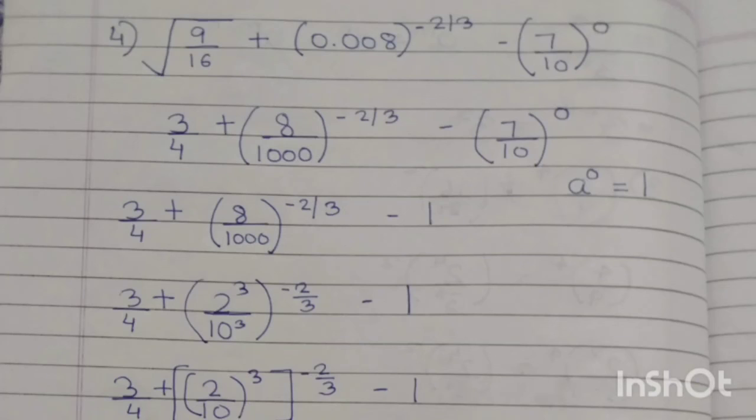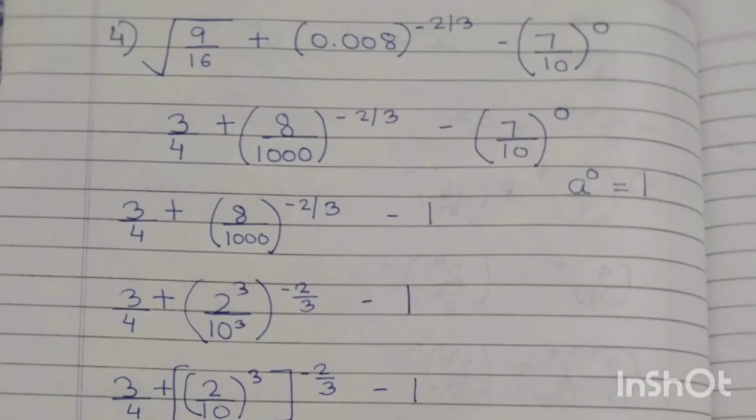Now as we know, any number which has the exponent 0 results in 1 only. So (7/10) to the power 0 results in 1. Now (8/1000) to the power minus 2/3. Here the exponent is a negative fraction, so to convert the fraction into a single small number, you have to change the base.